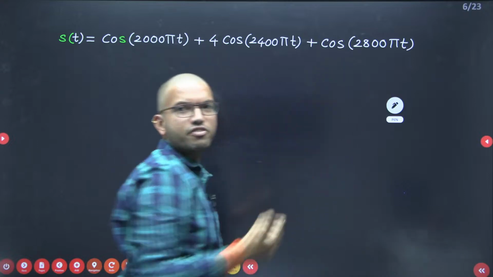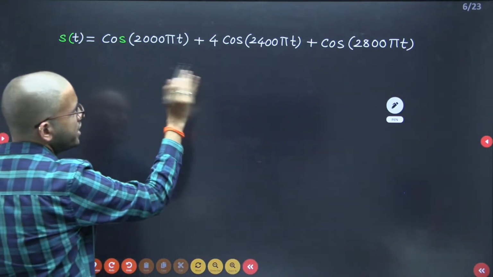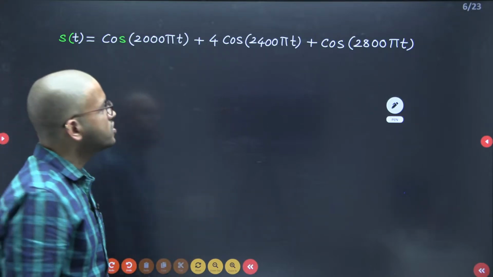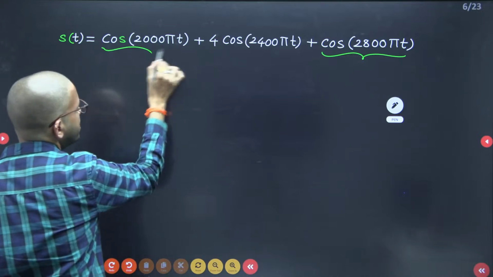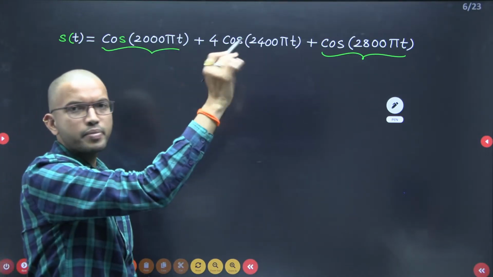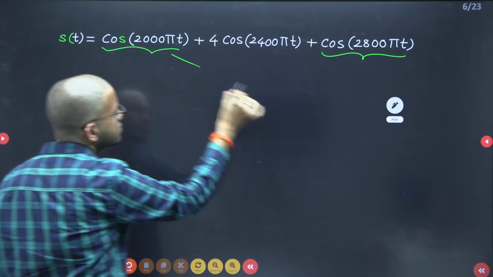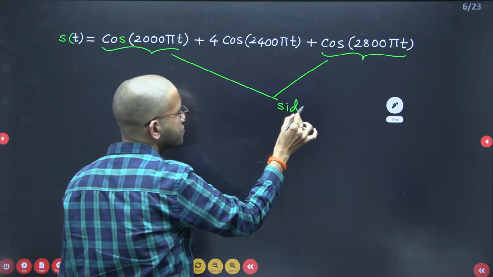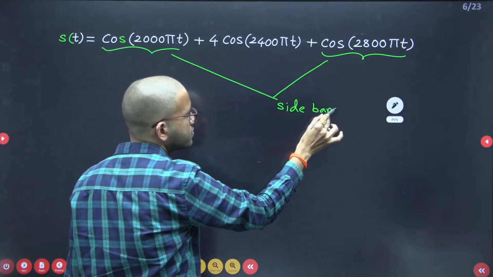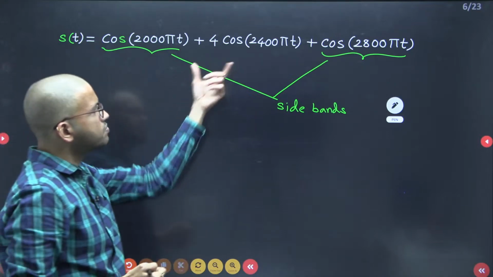This is the equation given. Yes or no? From here, if you observe this term and this term, both are having the same amplitude. So that means these two are related to the sidebands, whereas the middle term is related to the carrier.